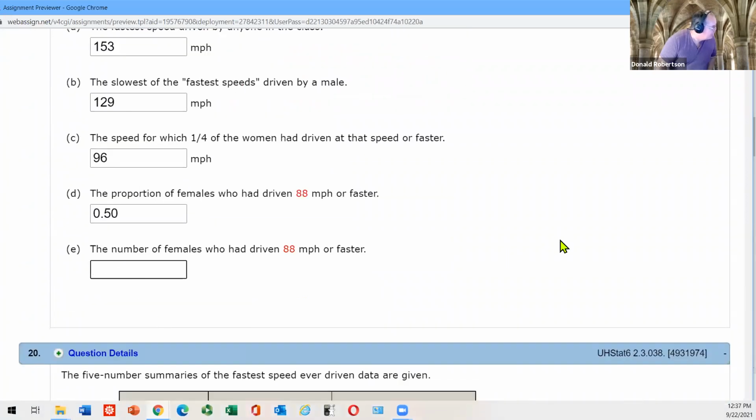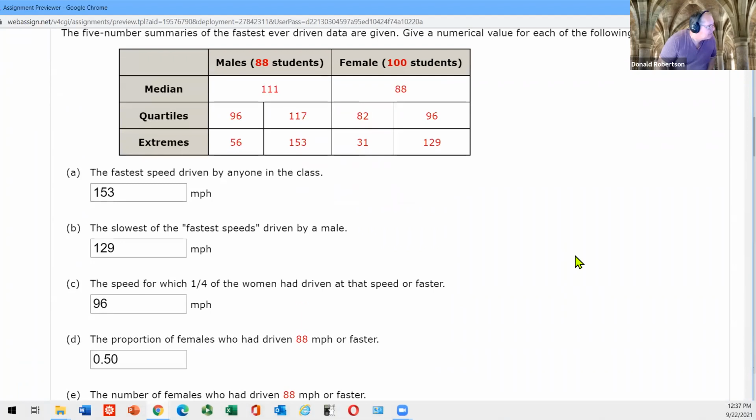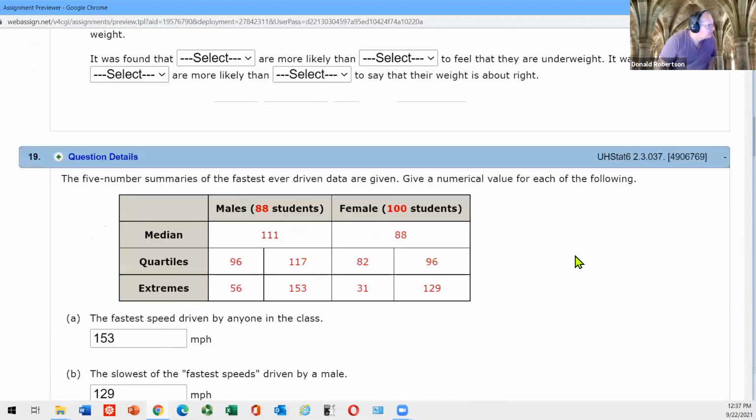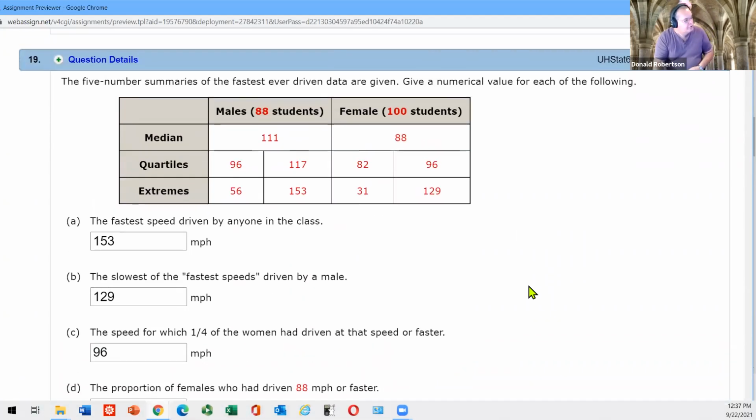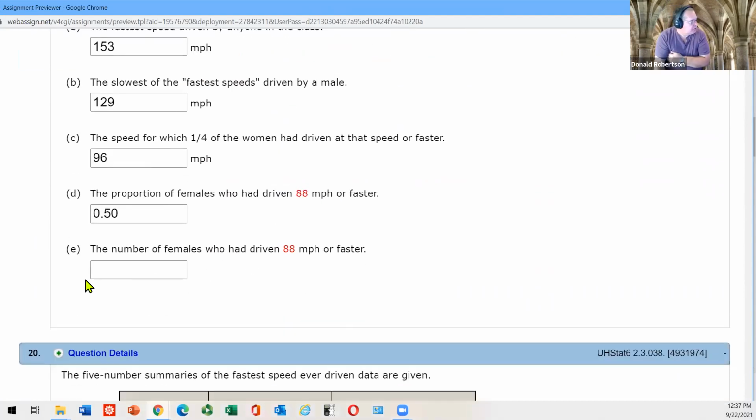and the number of females who had driven 88 miles. Okay, that's an interesting question, but it's not as hard as I thought it was going to be. If there was 100 women in this sample and half of them went 88 or faster, wouldn't that be 50 of them?